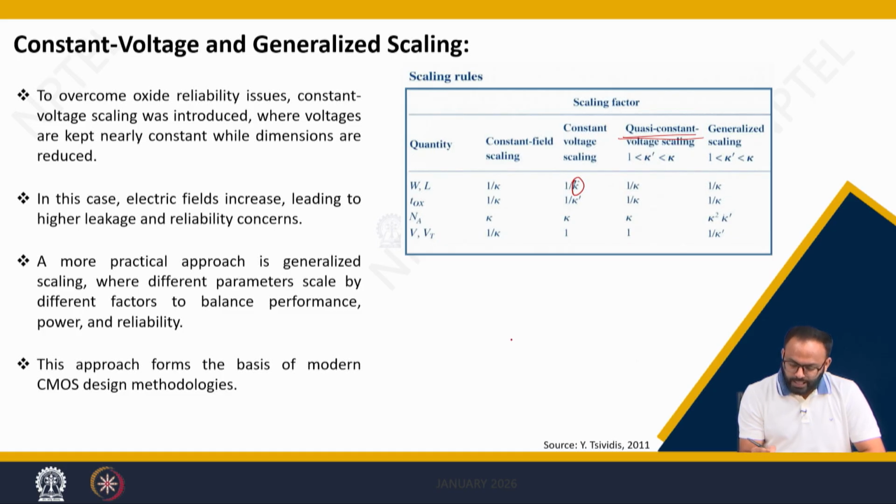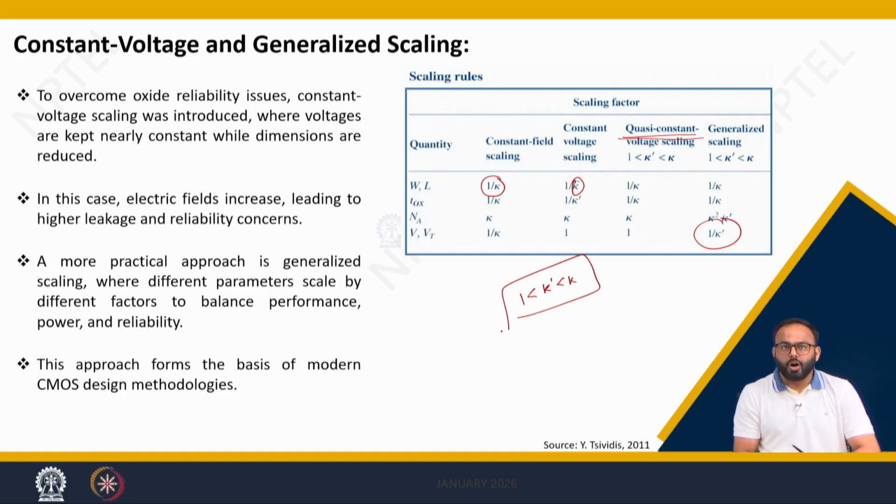So, if I am scaling the dimension by 1 by k, then the voltage may be scaled by 1 by k dash, where k dash is less than k and greater than 1. Or I may use constant voltage scaling, right, based on the application and based on the definition of the newer technology where I am planning to move, correct.